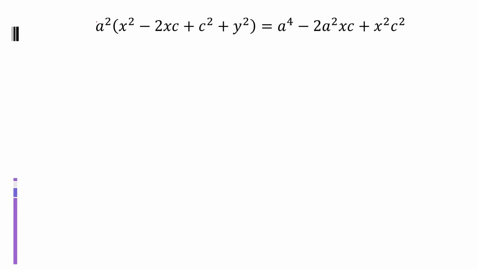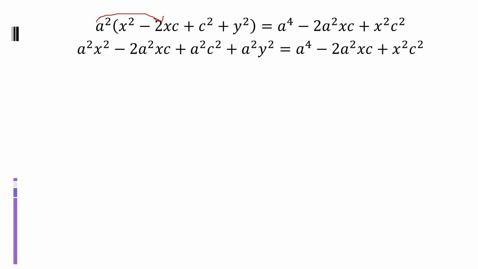Ngayon, ipasok natin tong a squared dito sa loob. So we have a squared x squared minus 2a squared xc plus a squared c squared plus a squared y squared equals a raised to 4 minus 2a squared xc plus x squared c squared.